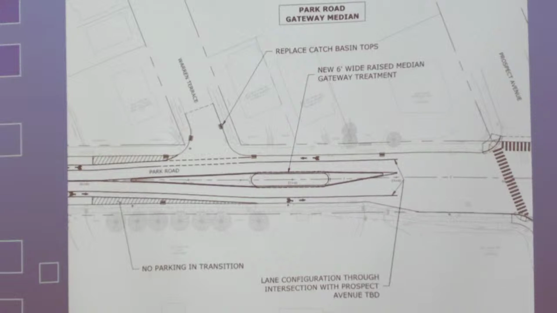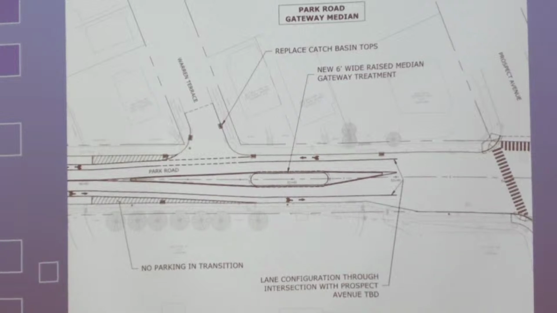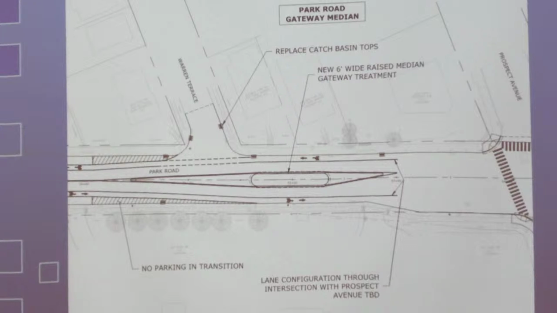So one of the things that came out of the road safety audit was that it would be nice to have a gateway treatment coming in from Hartford that we could either landscape or put up something. There is the wayfinding signage project that's underway, so we might add something there, a sign, welcome to West Hartford, I don't know. But there's an opportunity to add something there. So I've got that 6-foot wide raised median shown with a concept for how the travel lane and the bike lanes would transition down.